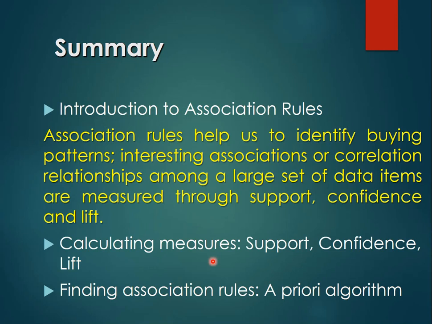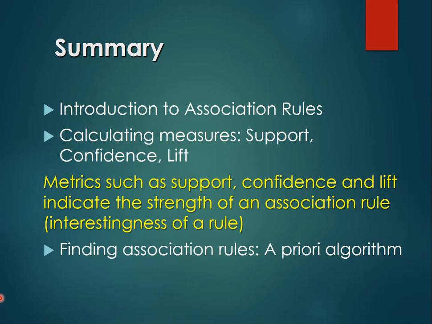These are measured through support, confidence, and lift. We also talked about the measures. Metrics such as support, confidence, and lift indicate the strength of an association rule. We also call this the interestingness of a rule.